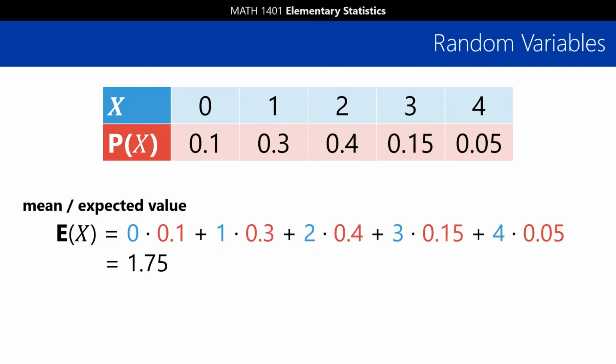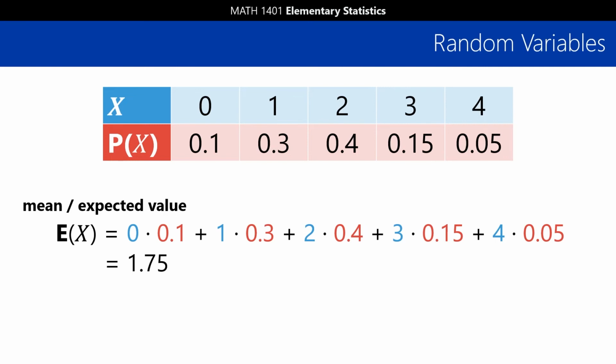To find the mean, all we have to do is multiply our outcomes by their respective probabilities, and then add them up. In this case, there's a 10% chance we never see the doctor, so we'd multiply 0 times 0.1. There's a 30% chance that we see them once, so we'd multiply 1 times 0.3. And so on. Multiply each pair, and then add them all up. In this case, we get a mean of 1.75.